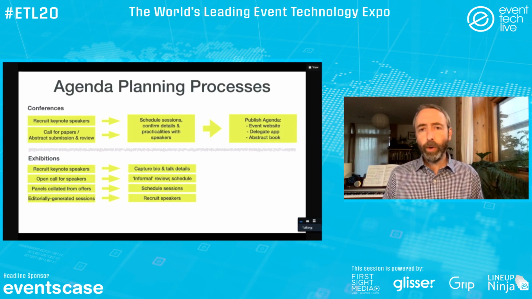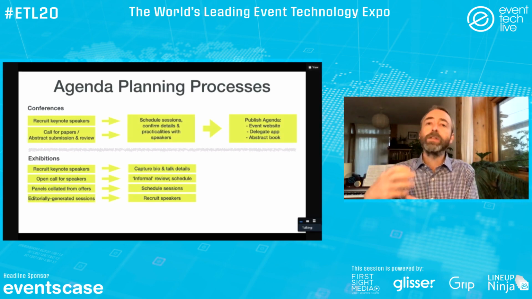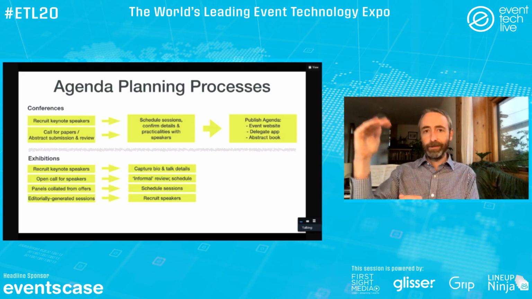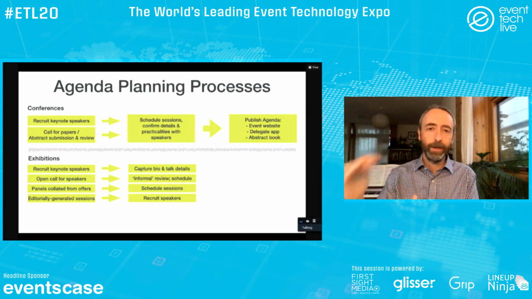A process that we see quite a lot of exhibition planners use is an editorially generated session process where they'll have some industry or sector experts who will say, well, these are the hot topics in our industry this year, so we want sessions on these different topics, and they'll write the titles and possibly even the session descriptions.